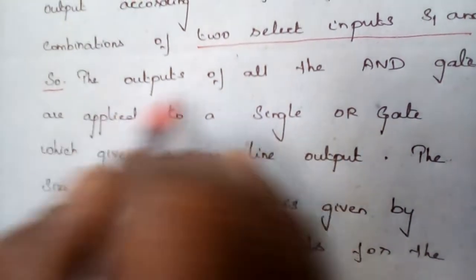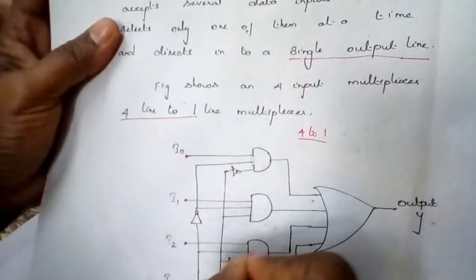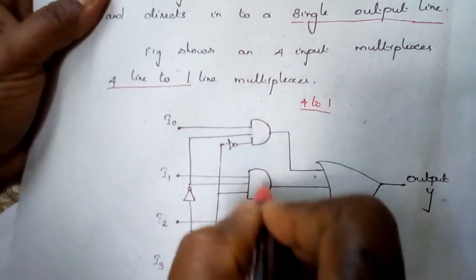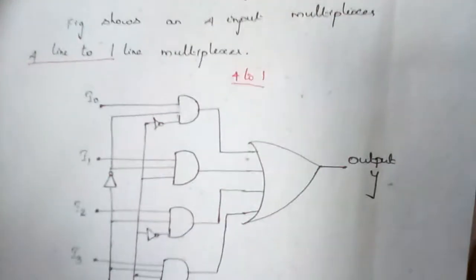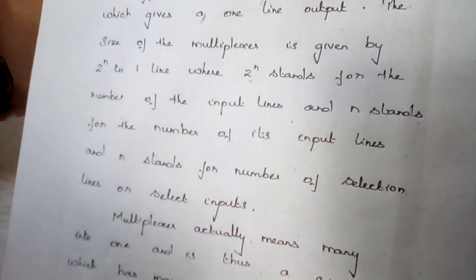This is the circuit diagram for the 4 to 1 mux. The outputs of all the AND gates are provided to the OR gate. Okay, so this is given here.